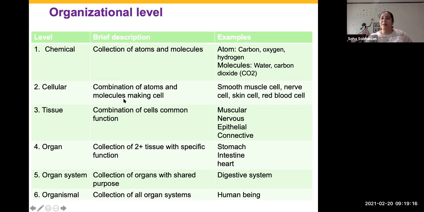Be able to provide a brief description as I have here, and that's your Canvas post one, and have examples for each of the levels. With the exception of chemical, remember that you have to provide examples for both atoms and molecules. Okay, any questions, guys?